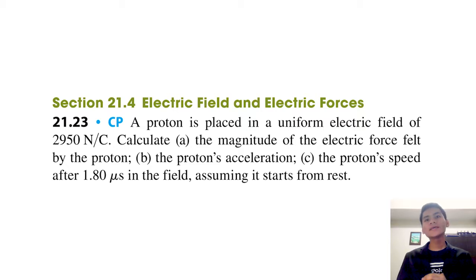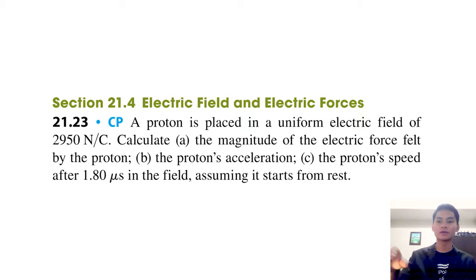Calculate the magnitude of the electric force felt by that proton, find the proton's acceleration, and find the proton's speed 1.80 microseconds after releasing it into the field, assuming it has an initial velocity of 0.